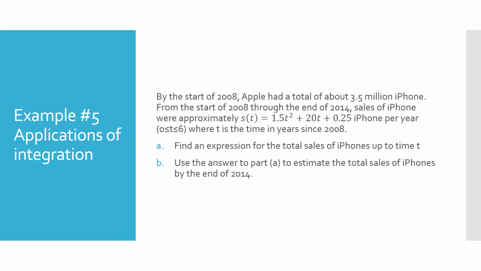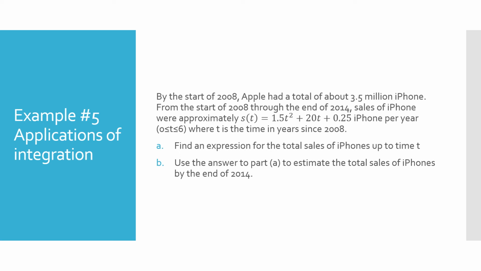For our final example, we chose an application of integration. The word problem says, by the start of 2008, Apple had a total of about 3.5 million iPhones. From the start of 2008 through the end of 2014, sales of iPhones were approximately S of t equals 1.5t to the second plus 20t plus 0.25 iPhones per year, with a lower limit of 0 and an upper limit of 6, where t is the time in years since 2008.